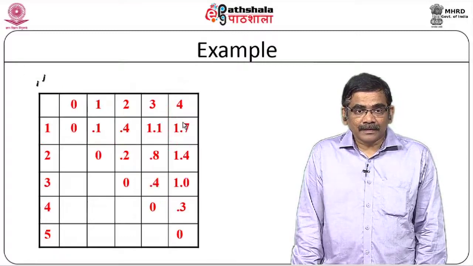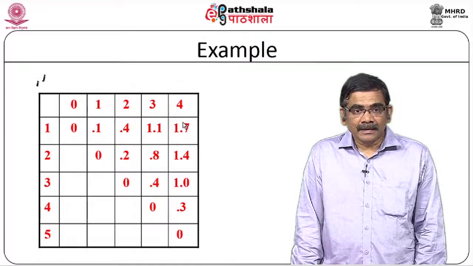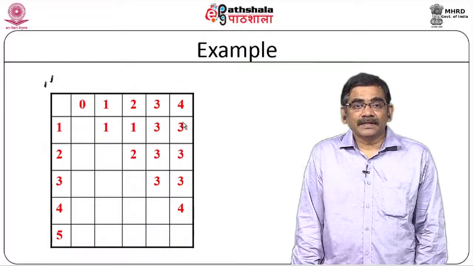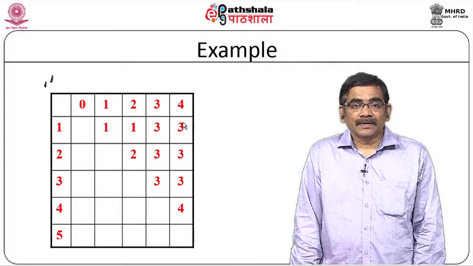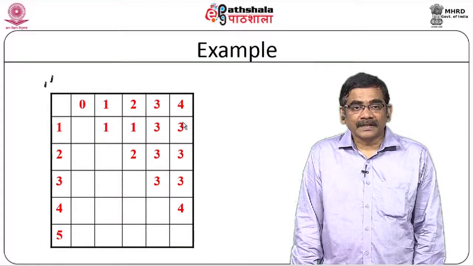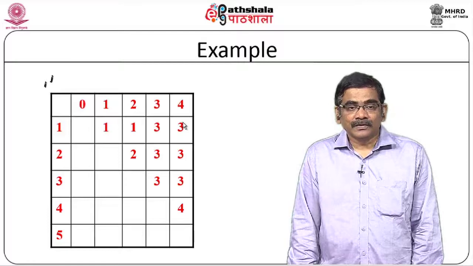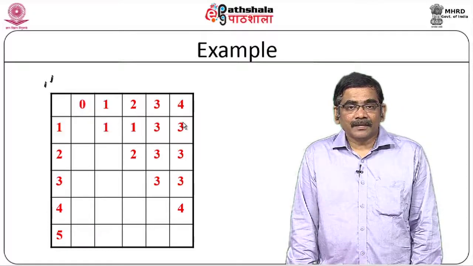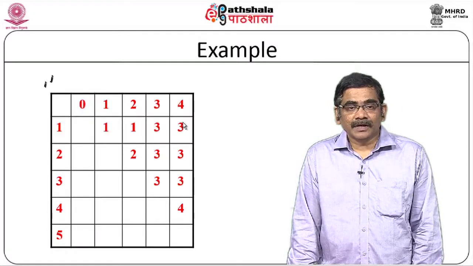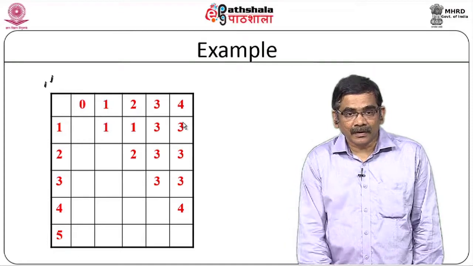That is what you can see entered here. This is a table where all these minimum k are recorded.